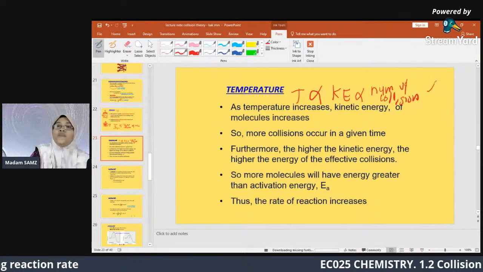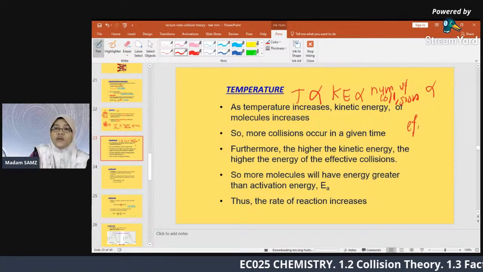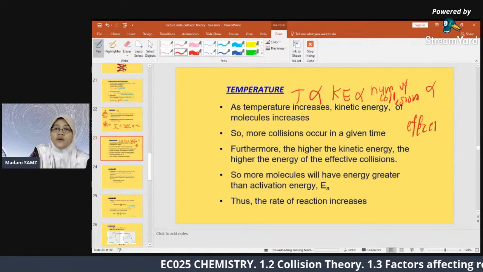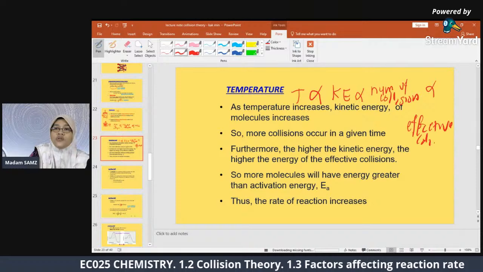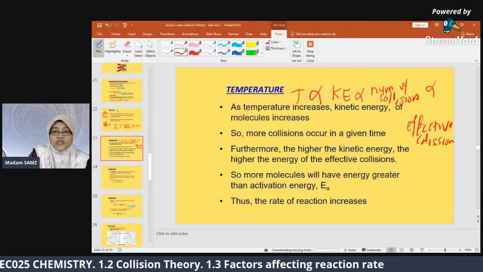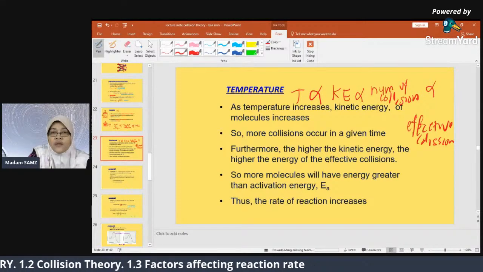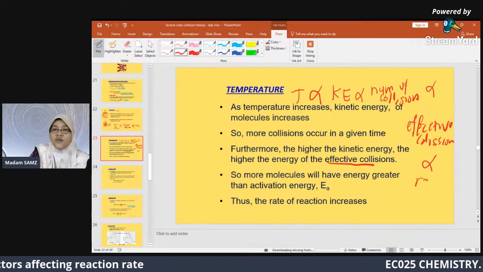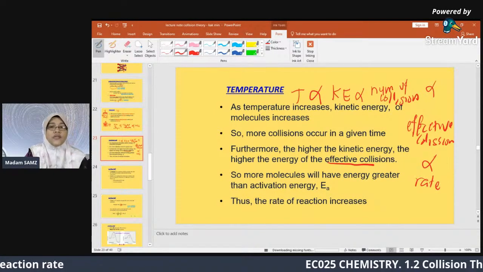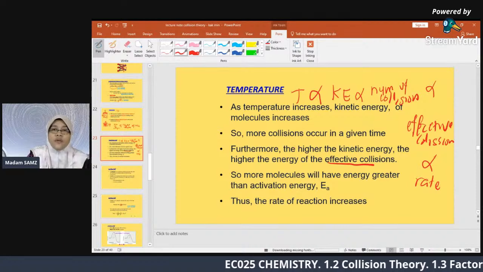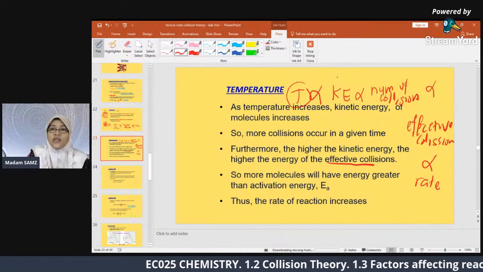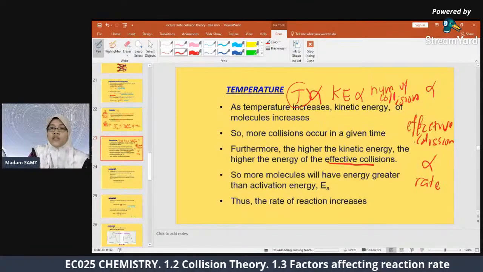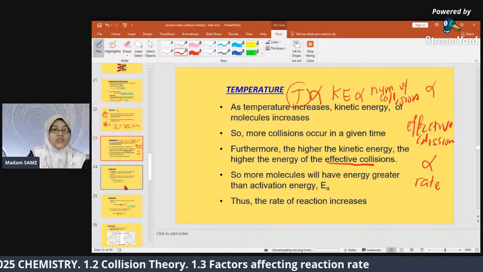The number of effective collisions also increases. So after you tell about effective collisions, you will say that after that the rate of reaction also increases. Right? Begin with the temperature, kinetic energy, number of collisions, effective collisions, and the rate of reaction.